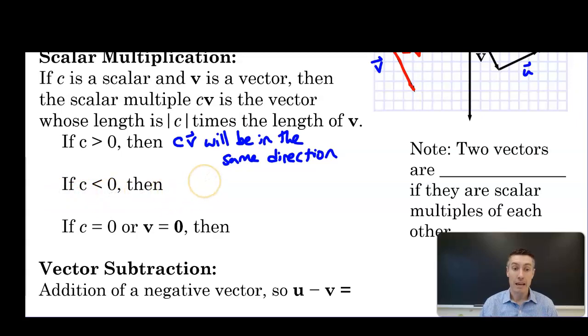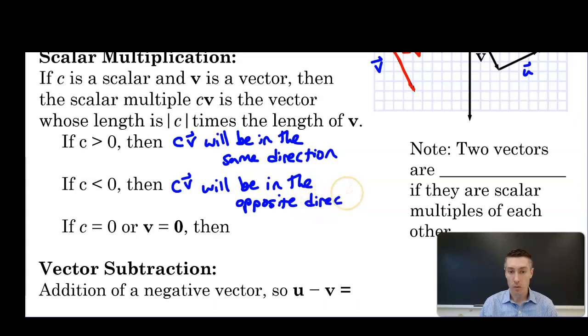If the scalar is negative, then cv will be in the opposite direction. And if c equals 0, or vector v is the 0 vector, then cv will be the 0 vector as well. And then vector subtraction is just addition of a negative vector.